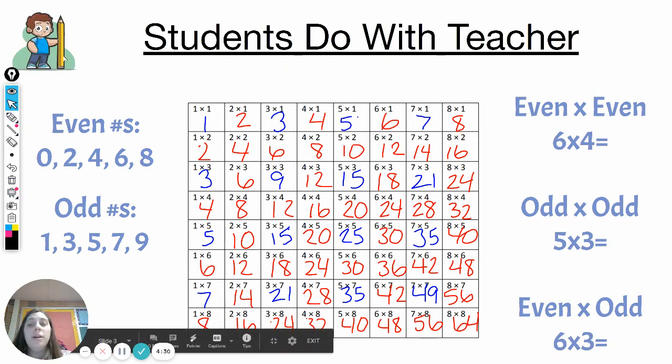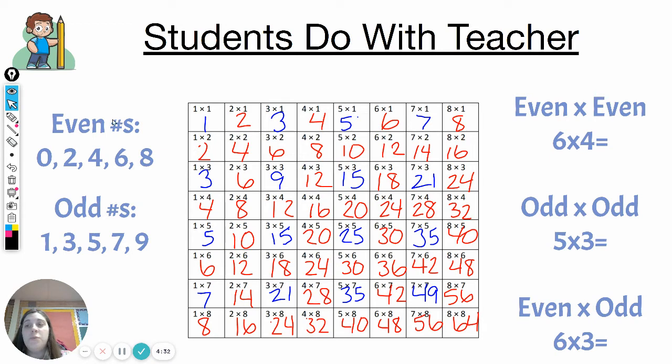I have the same chart. I have the same reminders over here on the left of which numbers are even and which are odd. First I want you to solve, or show me an example of, even times even. So I have 6 times 4. Take a moment to figure out 6 times 4. Use the multiplication chart if you need to. 6 times 4 right here is 24.